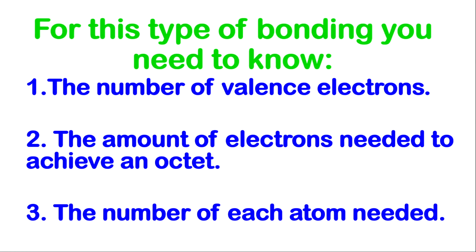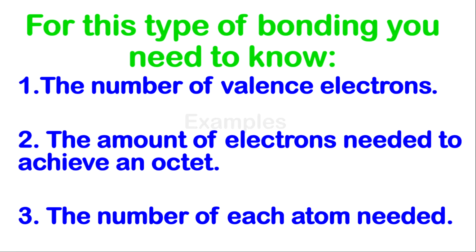The 3 things you need to know include: 1, the number of valence electrons of each atom; 2, the amount of electrons needed to achieve an octet; and 3, the number of each atom needed for the bonding. Now let's look at our examples.